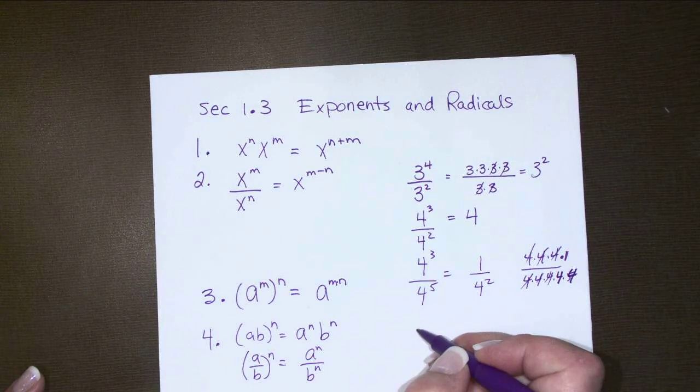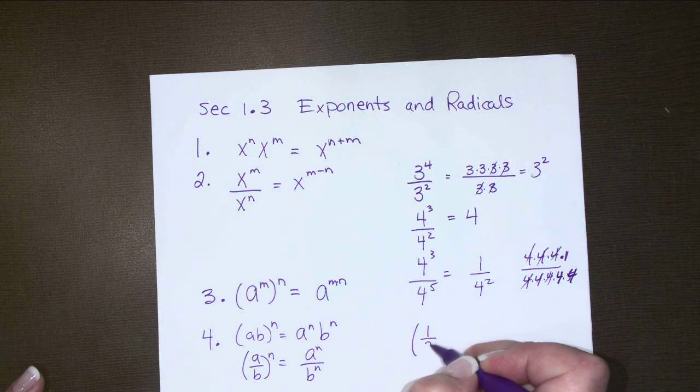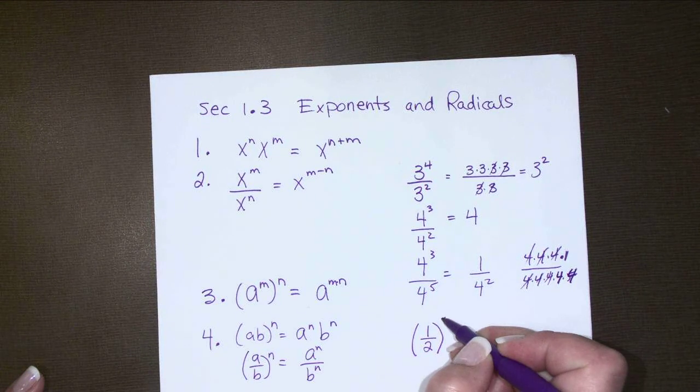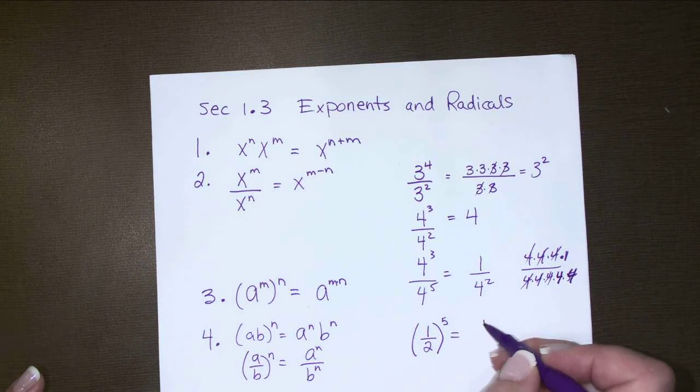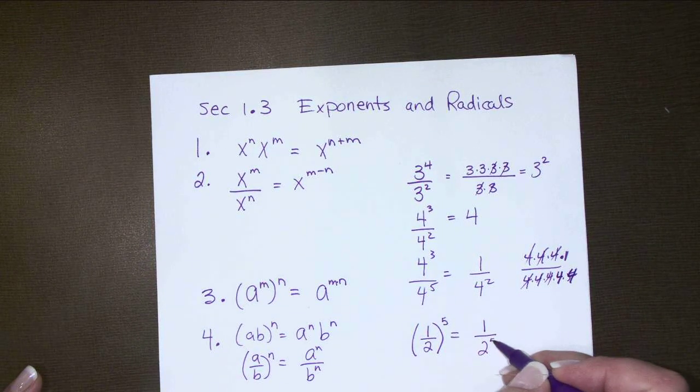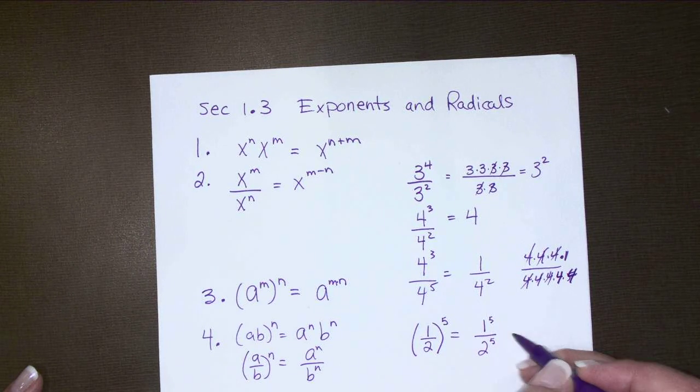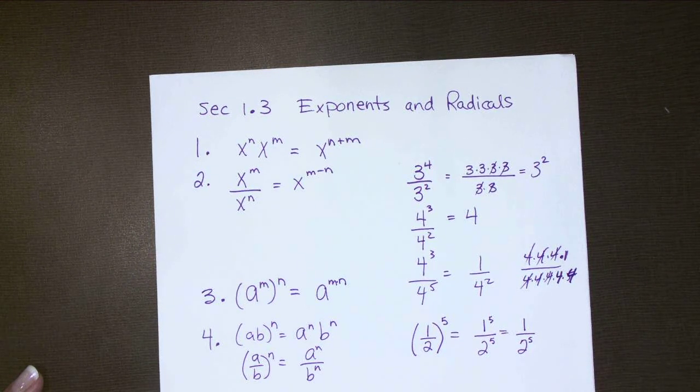Sometimes the one that confuses people here is if we had, for example, 1 over 2 to the 5. This is 1 over 2 to the 5th, but it's really 1 to the 5 over 2 to the 5, but 1 to the 5 is just 1 times 1 times 1 times 1. So people will sometimes ask, where did that exponent go? And it actually is in a circumstance like this.